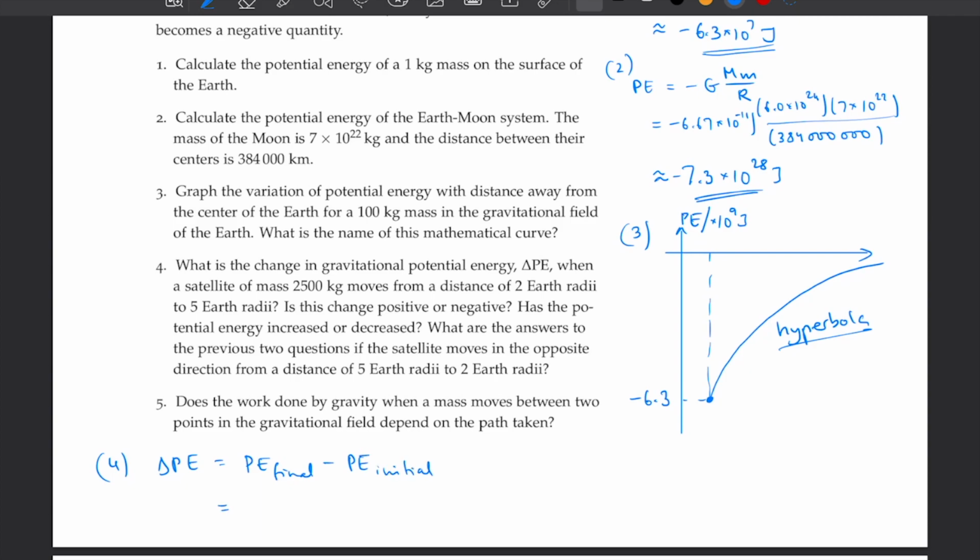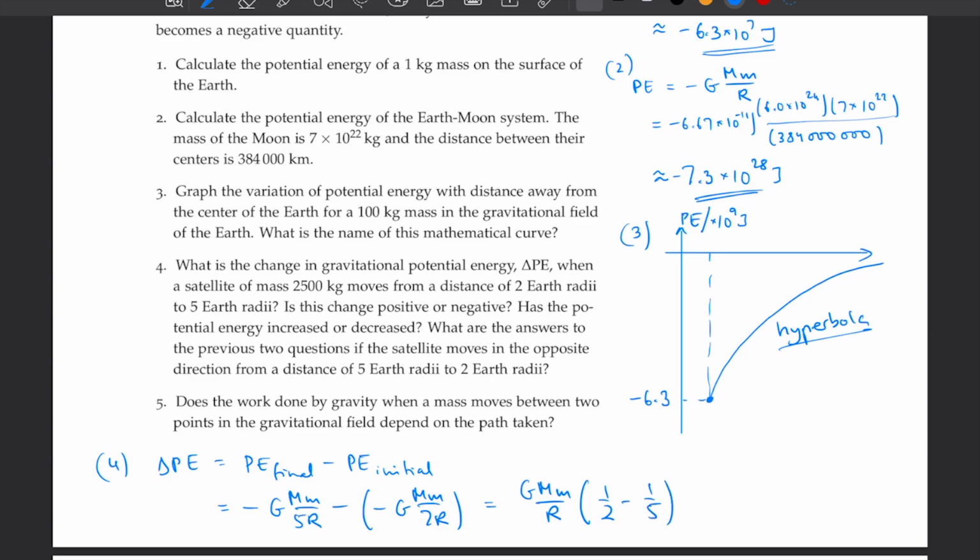The final energy is when it's at 5 Earth radii minus when it was at 2 Earth radii. Now be careful with the negative signs there. We can also take GMm over R outside of a bracket.